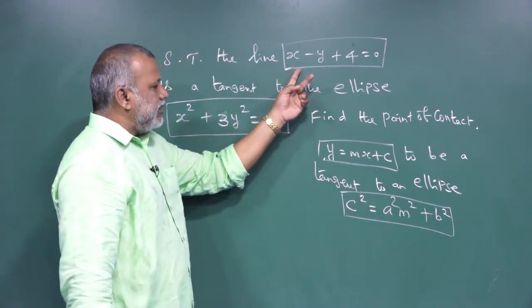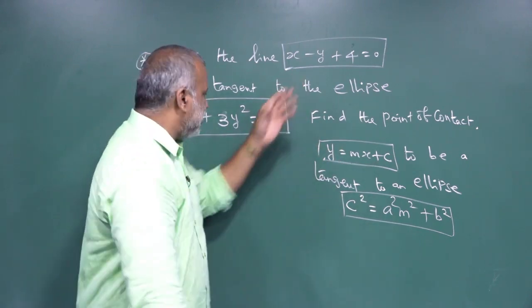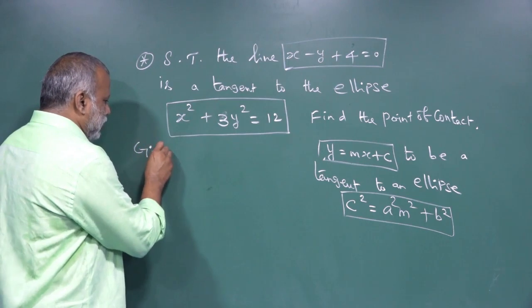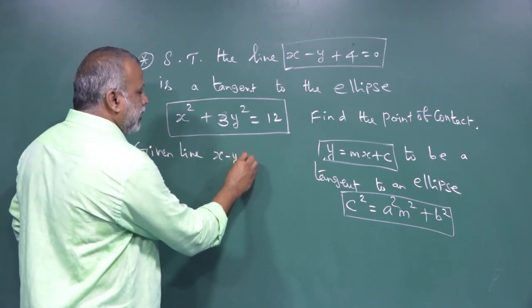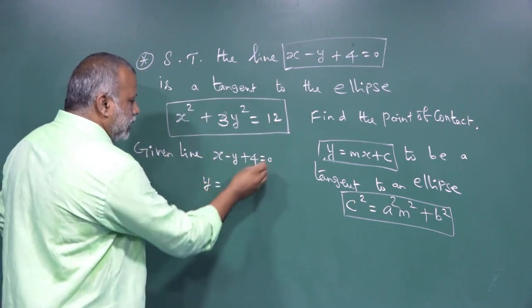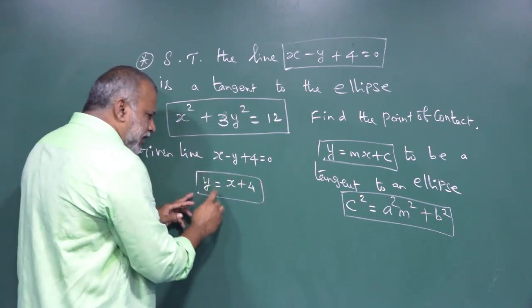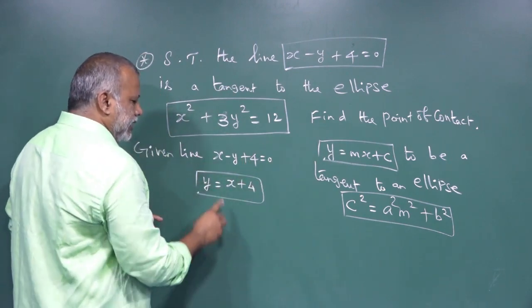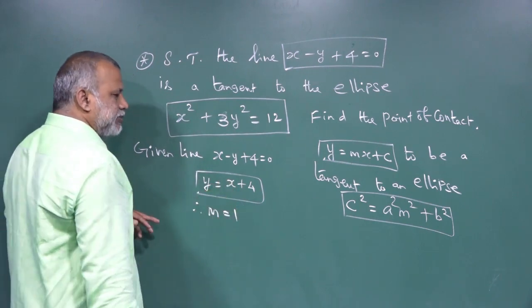Now, from the given line, we convert to the y equal to mx plus c form. What is the given line? x minus y plus 4 equal to 0. I can convert it like this: y equal to x plus 4. Now compare with y equal to mx plus c. Then m equal to the coefficient of x, that is 1.